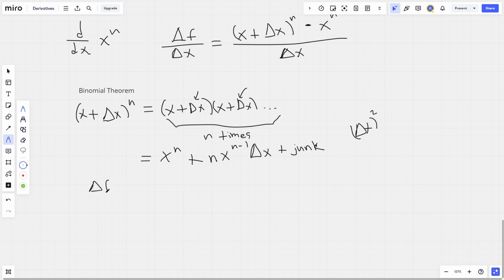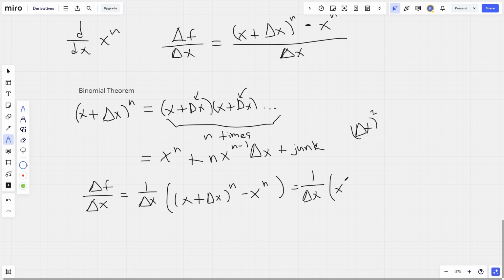So if you have delta f over delta x again, that's equal to, we could factor out the delta x, 1 over delta x times x plus delta x to the n power minus x to the n. And that's just equal to x to the n plus n times x to the n minus 1 times delta x, basically what we saw here, and then minus x to the n plus chunk.